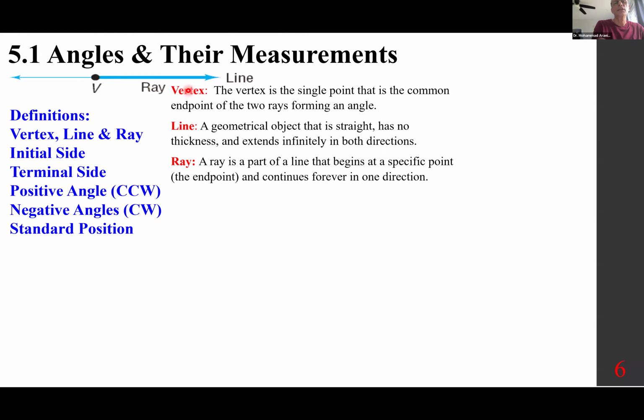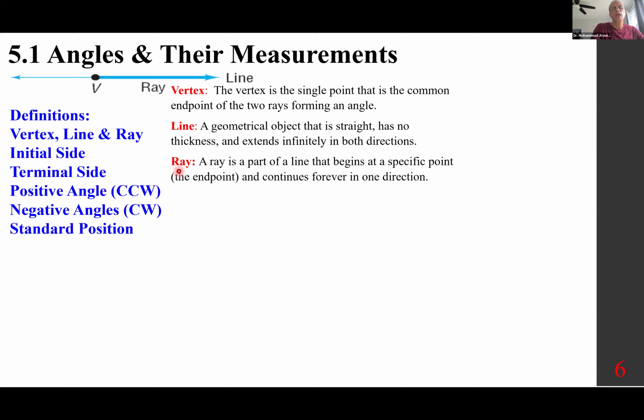Vertex. The vertex is the single point that is the common endpoint of the two rays forming an angle. Line. A geometric object that is straight, has no thickness, and extends indefinitely in both directions.